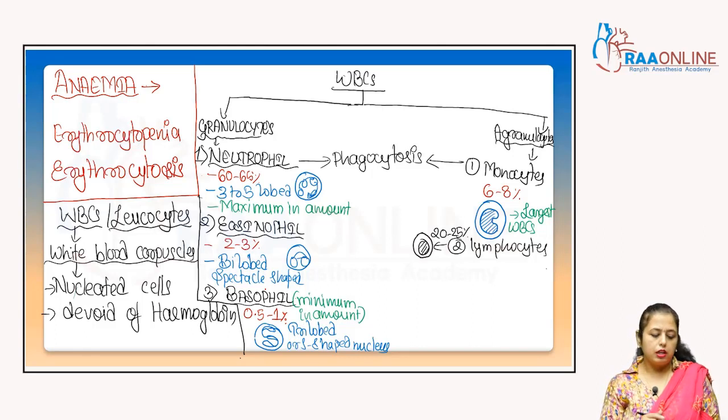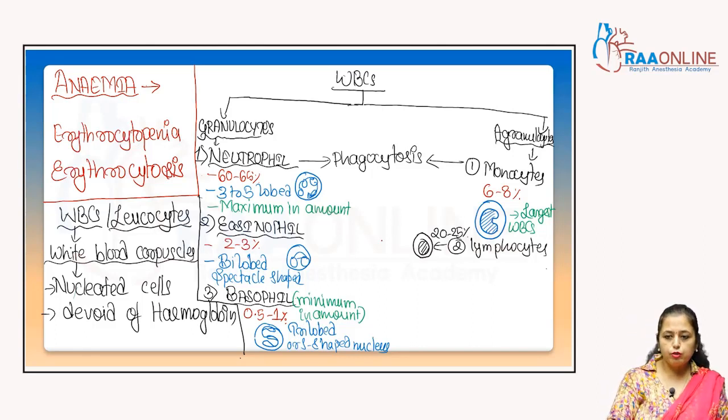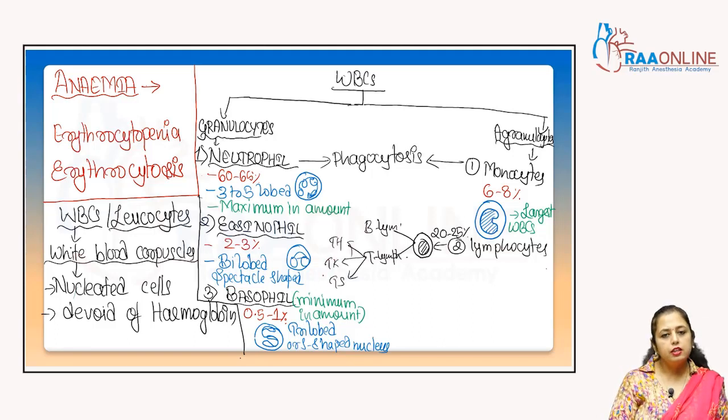Lymphocyte is divided into two, that is B and T lymphocyte, right? Clear? And now T lymphocyte is further divided into three: T helper, T suppressor and T killer. Clear? So this is the division of the WBCs. Clear?